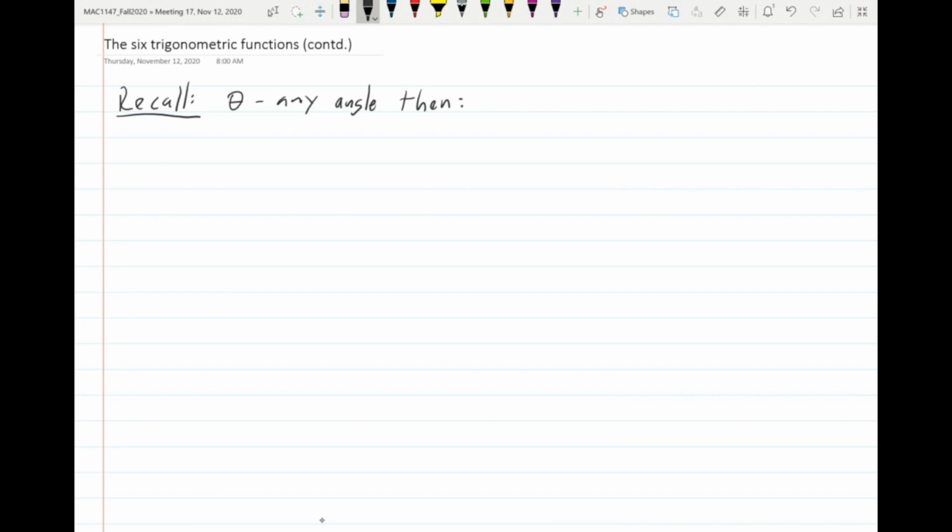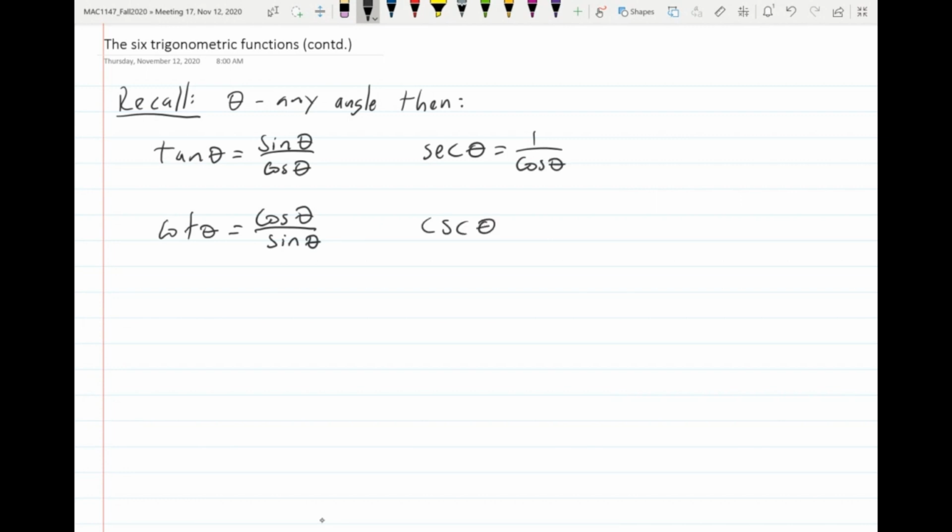Then tangent of theta we define as sine over cosine. Cotangent of theta we define to be cosine over sine. Secant of theta is 1 over cosine. And cosecant of theta is 1 over sine. Similarly, if instead of an angle you have a real number, we can talk about the same thing. Tangent of a real number is sine over cosine.